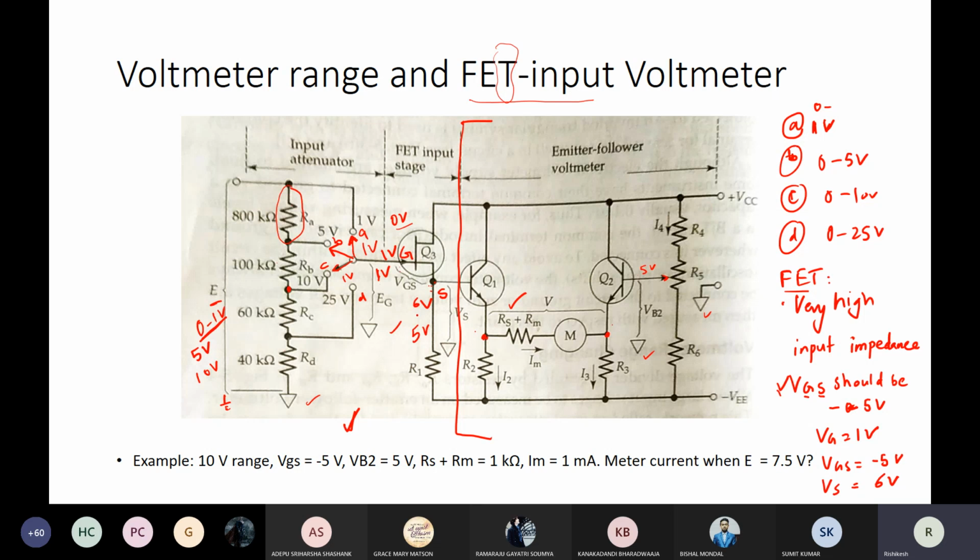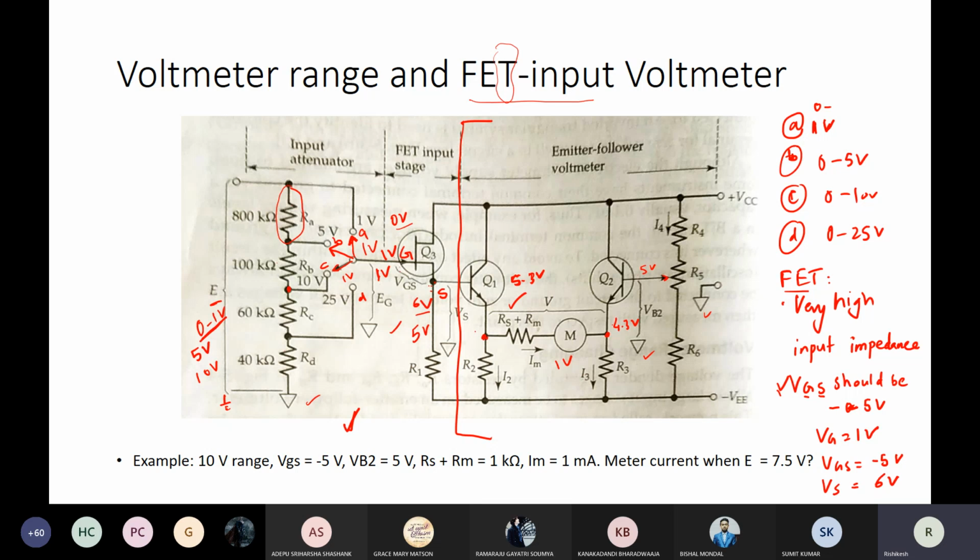When this is 1 volt, this becomes 6 volts, and this becomes 6 minus 0.7, 5.3 volts, and this was at 4.3 volts initially. What is the voltage drop across the meter now? 1 volt, which is the actual voltage we would like to measure.